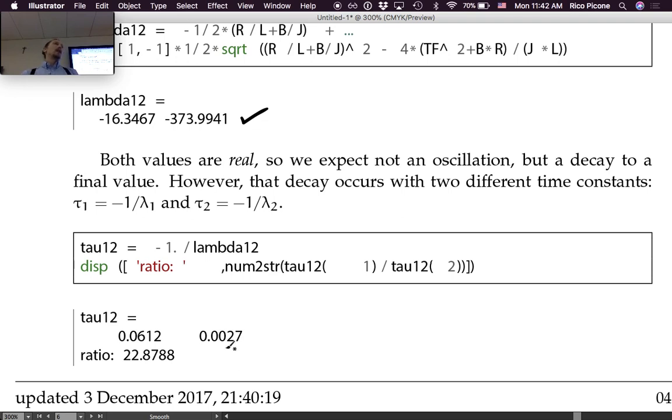which means that tau 2's exponential is going to decay really quickly compared to tau 1. The slower time constant is going to be dominant, so tau 1 is our dominant time constant, because tau 2 is over so quickly, right? Most of the response is just tau 1's response.